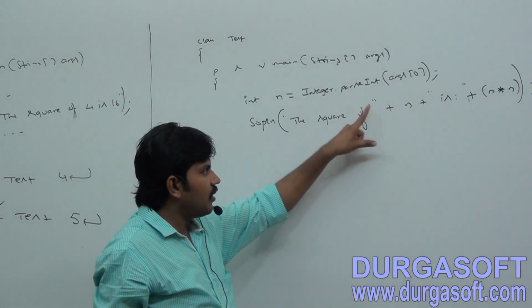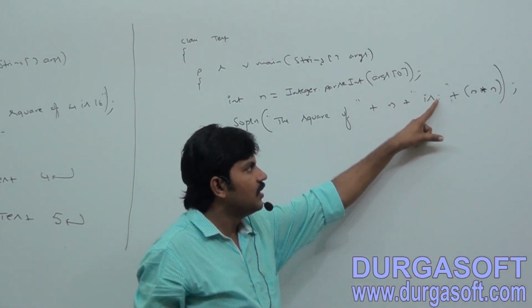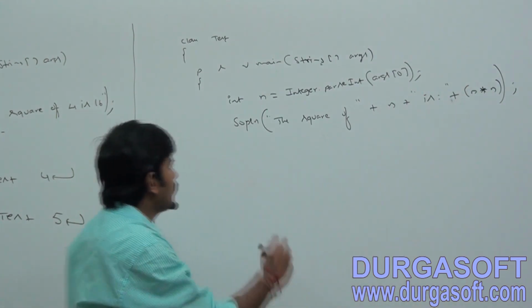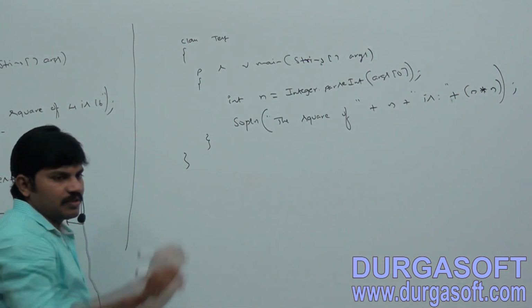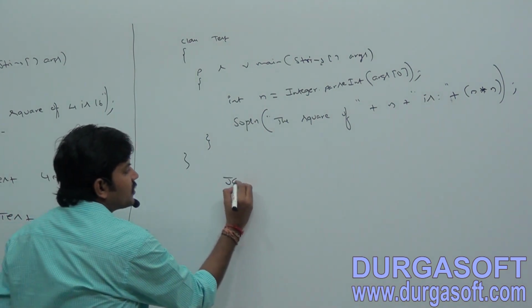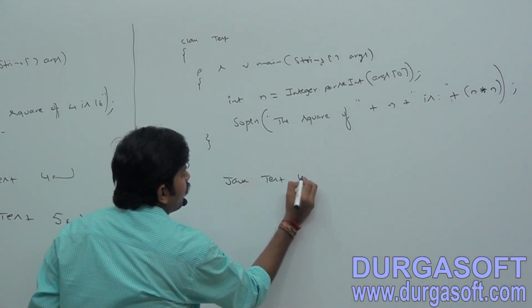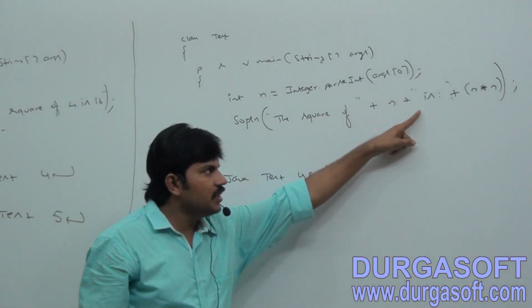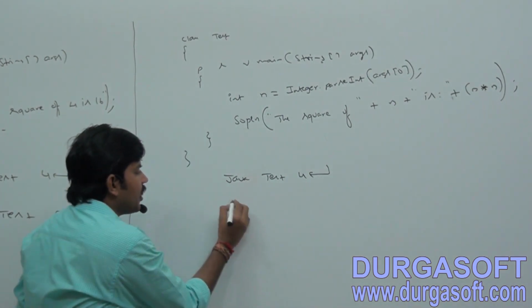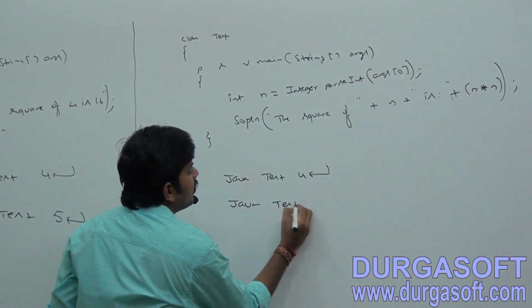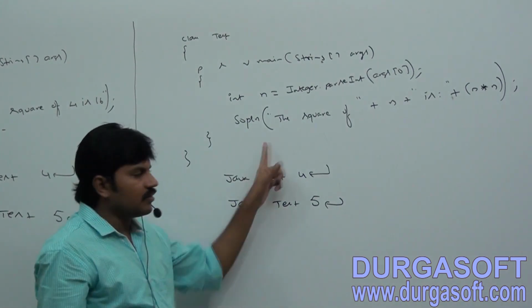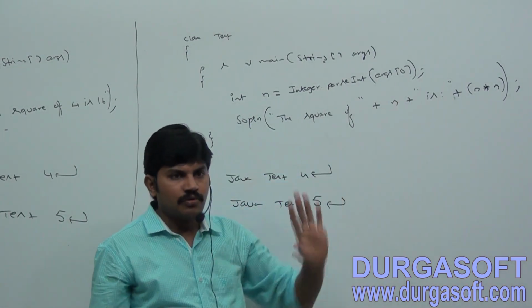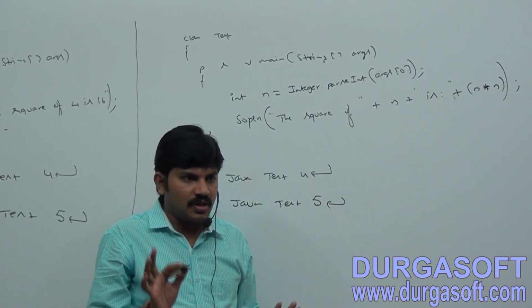The square of n is n into n. End of this method, end of the class. Suppose I am passing java Test 4, what answer are we going to get? The square of 4 is 16. If I pass java Test 5, what answer are we going to get? The square of 5 is 25. I hope you people are able to understand.